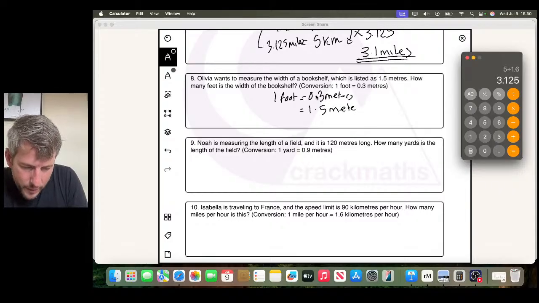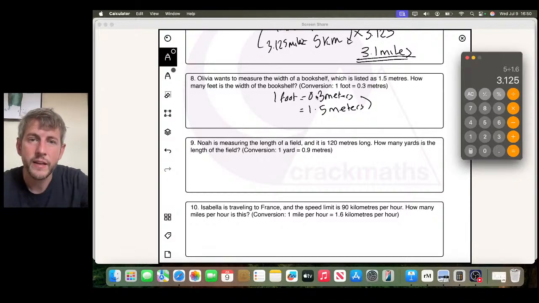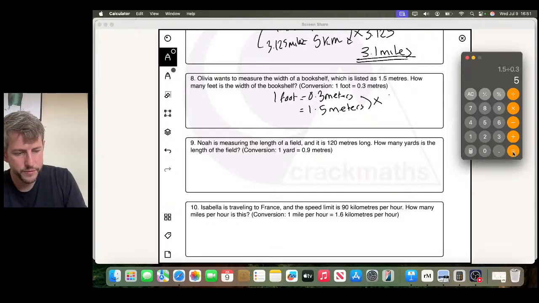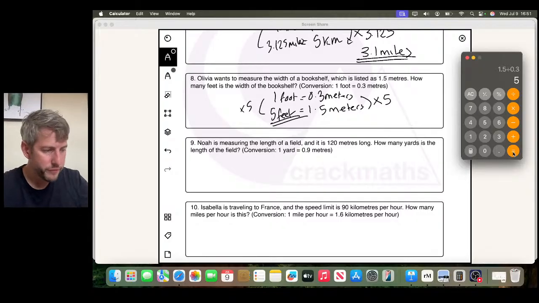So we need to know how many lots of 0.3 that is. What 0.3 times what equals 1.5? We just do 1.5 divided by 0.3, and that equals times 5. So that is 5 feet. If someone is 1.5 meters, they're 5 feet tall.